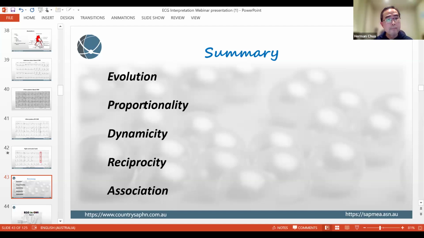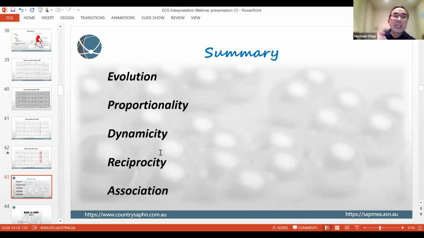Okay, the third concept is the concept of dynamicity, where occlusion of the coronary artery undergoes spontaneous lysis and thrombosis, and therefore causes sort of changes in the ECG. All right, and so therefore the importance of doing serial ECGs. And then fourthly, we talk about the concept of reciprocal change. It just means change that is opposite the lead with ST elevation.